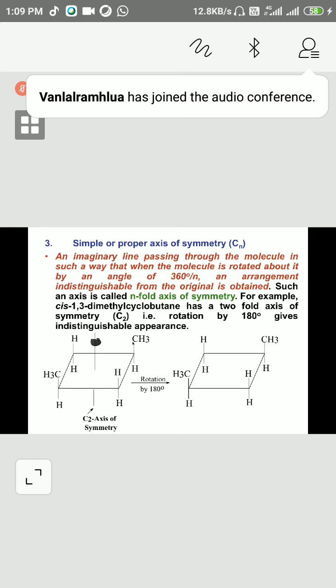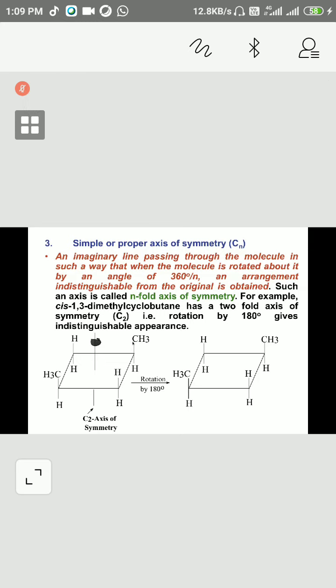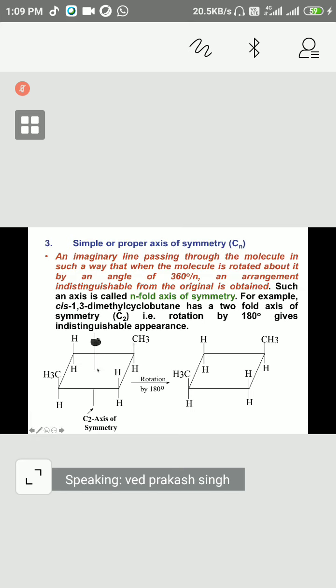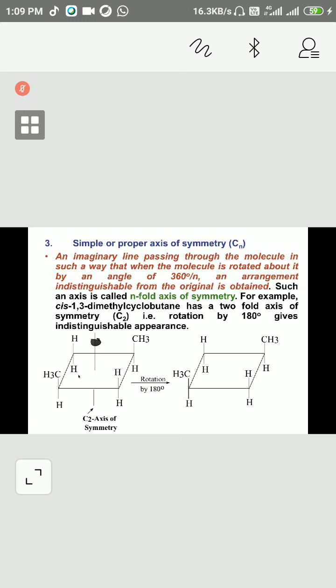For example, cis-1,3-dimethyl cyclobutane has a two-fold axis of symmetry, C2. Here the angle is 360 by n. If n is equal to 2, then Cn will be C2, n is equal to 3, Cn will be C3, like that.